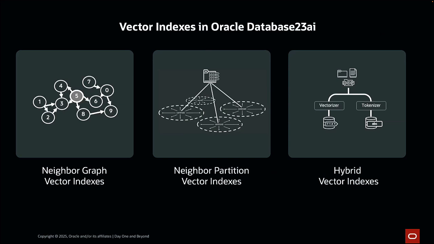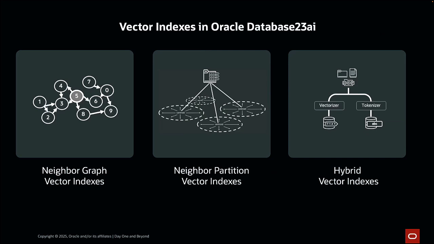Now, these graphs are most commonly known as hierarchical navigable small world indexes or HNSW indexes. It's an industry standard type of vector index, and they're extremely efficient and extremely accurate. And when I say they're approximate, they're very close to perfect in terms of their accuracy.